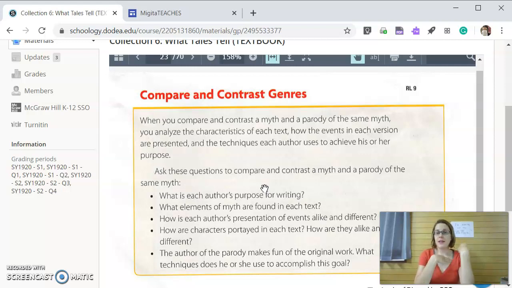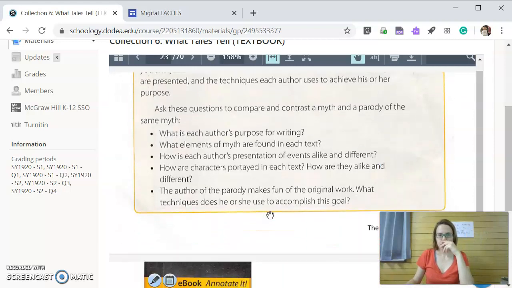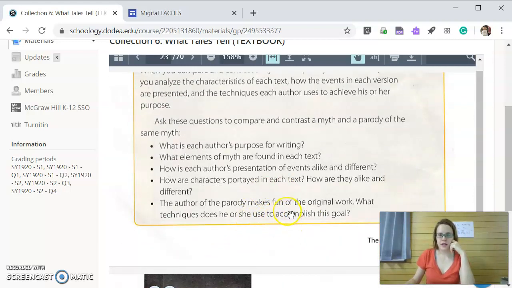When you compare and contrast a myth and a parody of the same myth, you analyze the characters of each text and how the events in each version are presented, and the techniques the author uses to achieve his or her purpose. So these are good questions to ask yourself: why did this author want to write a parody? Why look at the situation from the bad guy's point of view? Those kinds of things can give you insight into the author's purpose, and then how did they do it, and is it effective?